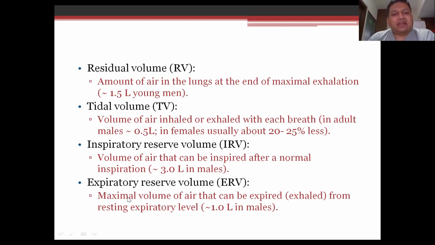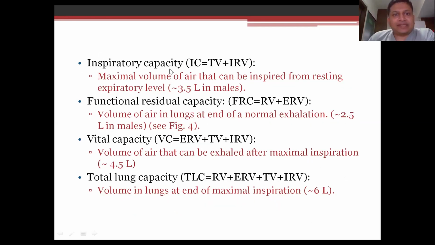Same is the expiratory reserve volume, which we can expire with effort, with active expiration. Inspiratory capacity, same: what is the capacity of the lung for inspiration? It combines the normal inspiration plus your inspiratory reserve volume.